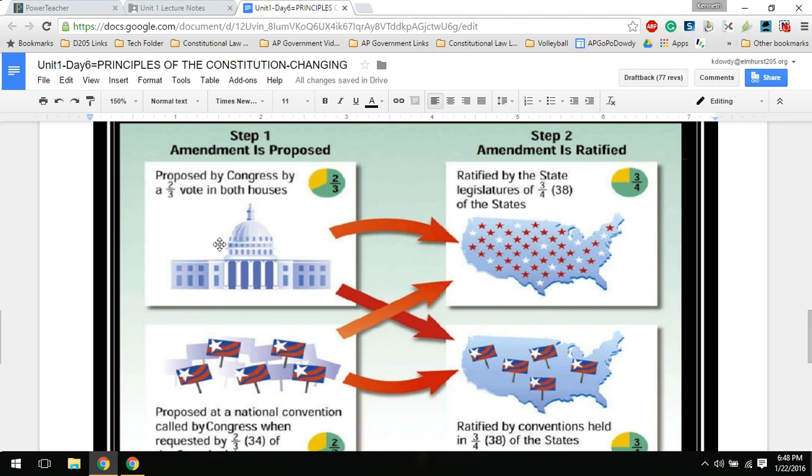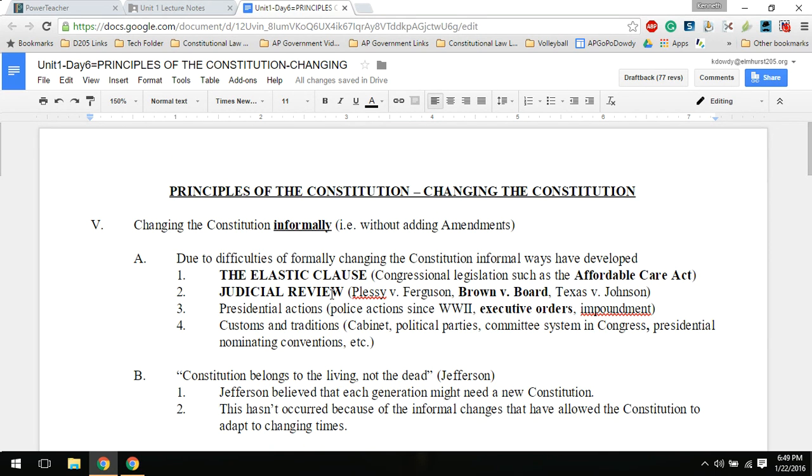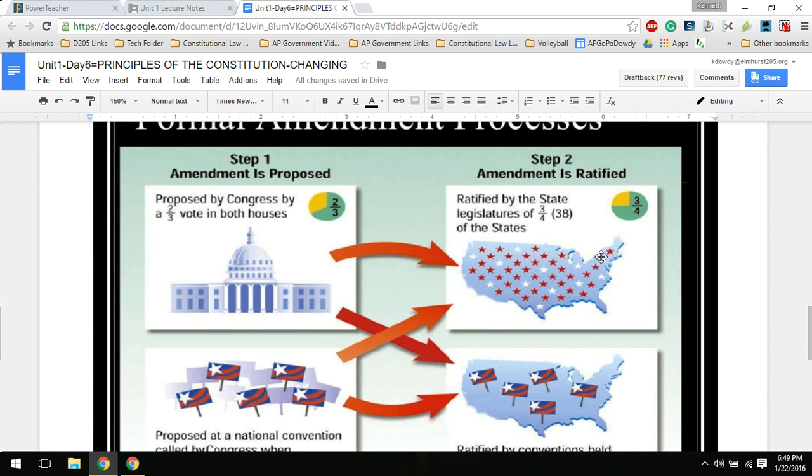It's a very, very ironclad process, meaning that we are going to be absolutely positive that this is a good change to the Constitution, because you're changing the written words, you're adding to it. And it's the beauty of our Constitution that you have this flexibility with informally changing, and then when you're very sure that we need to make a change, you have the formal method.